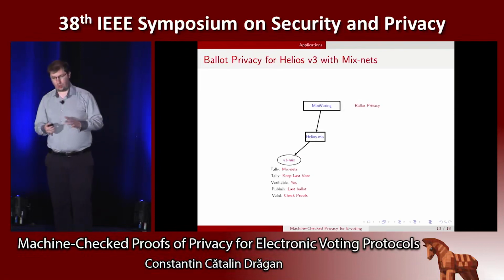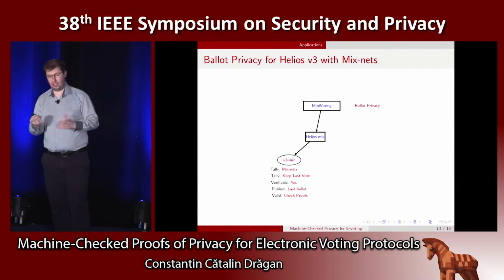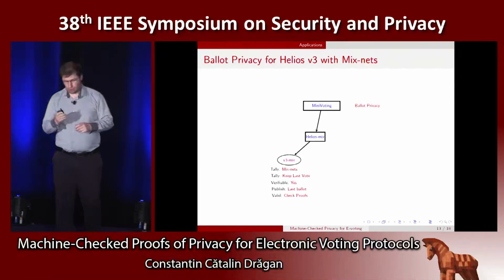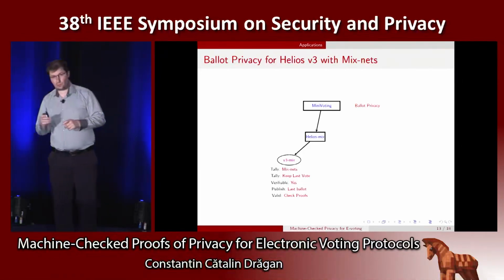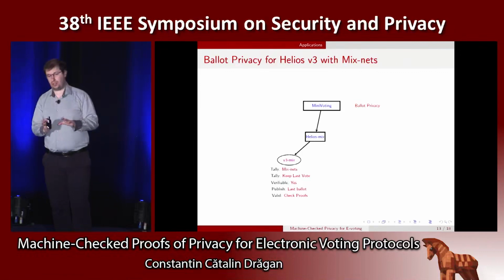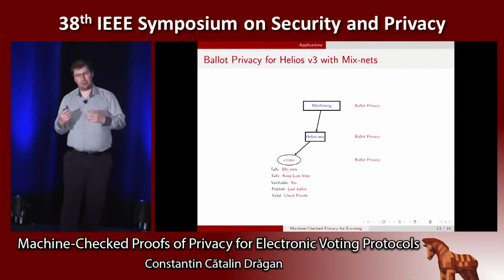So now, how would we prove that this construction satisfies ballot privacy? We already have the result saying that MiniVoting is ballot private. You need to pay careful attention because this one is really difficult, so you may miss it. This one is done because of the magic of EasyCrypt.